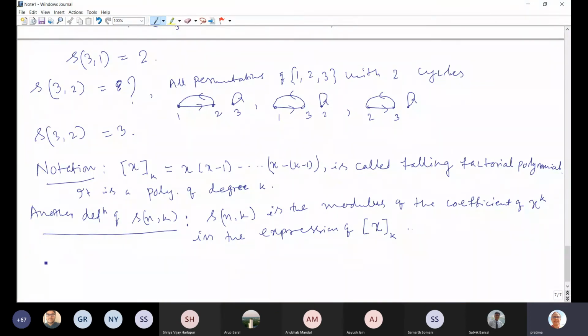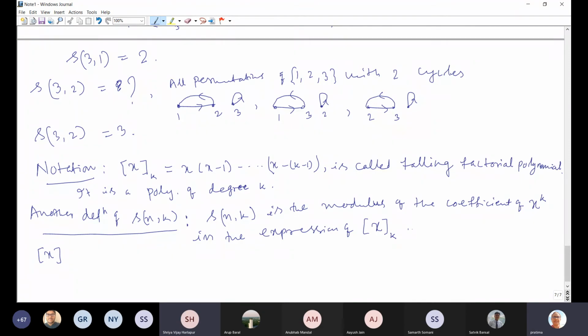So for example, let us see this. Ma'am, but where did you use n? Because S(n,k) is given, and in the definition there is no n. Okay. It is the coefficient of x^k in the expression of x^n.